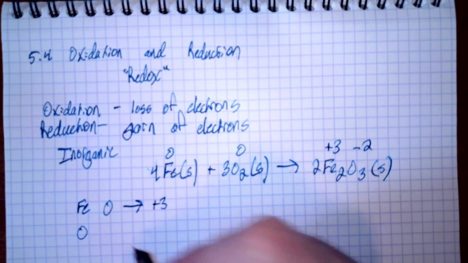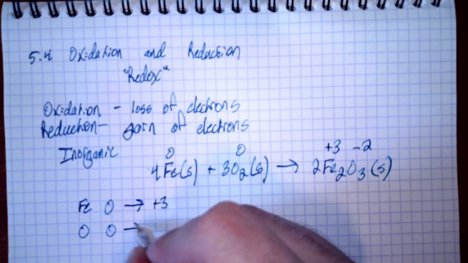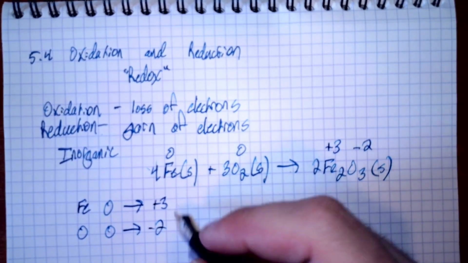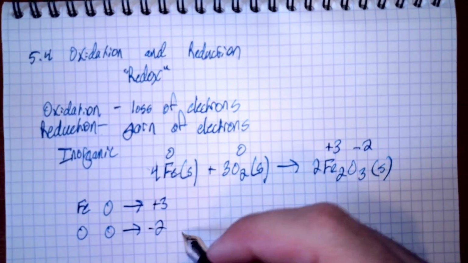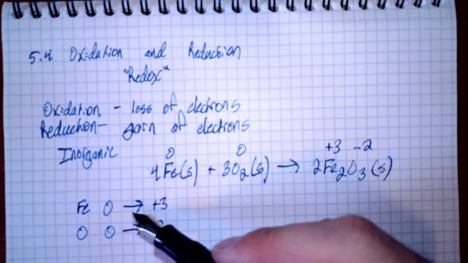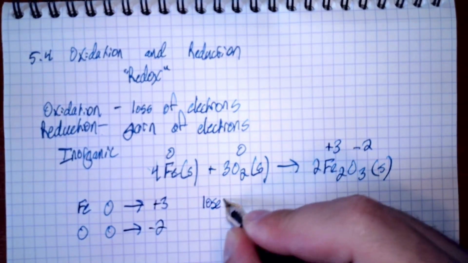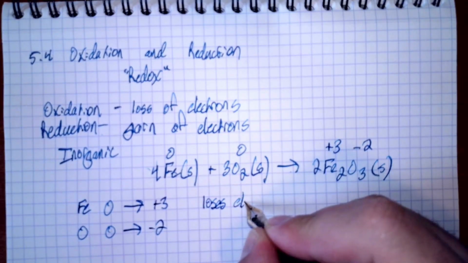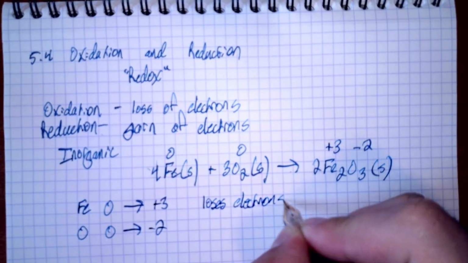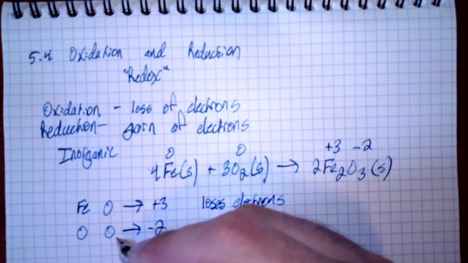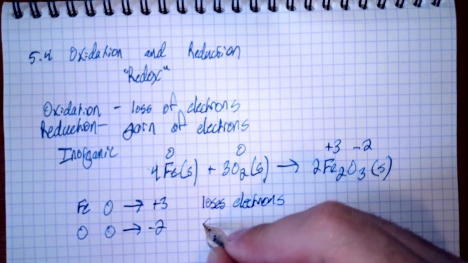Oxygen's gone from 0 to -2. What has to happen for iron to go from 0 to +3? It loses electrons. What has to happen for oxygen to go from 0 to -2? It has to gain electrons.